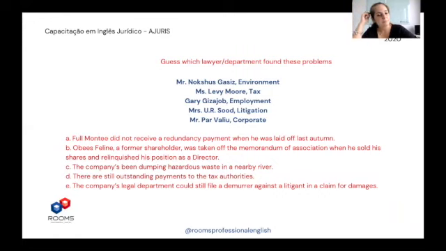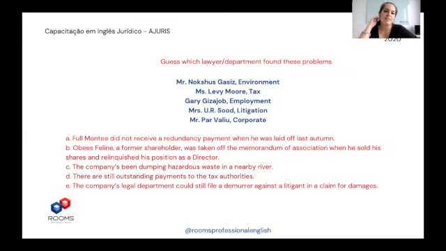Department. Letter B reads, Obese Feline, a former shareholder, was taken off the Memorandum of Association when he sold his shares and relinquished his position as a director. So here, as we're talking about shareholder, Memorandum of Association, the selling of the shares, probably it's from the corporate team, Mr. Par Value, that found the problems, okay?